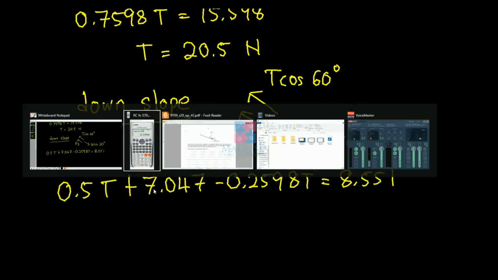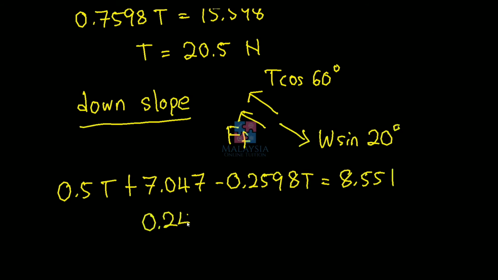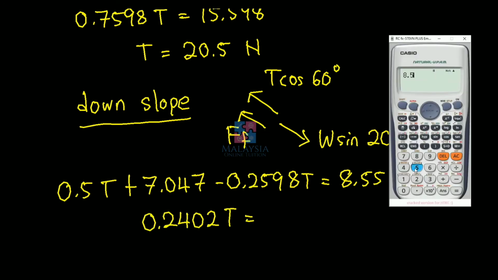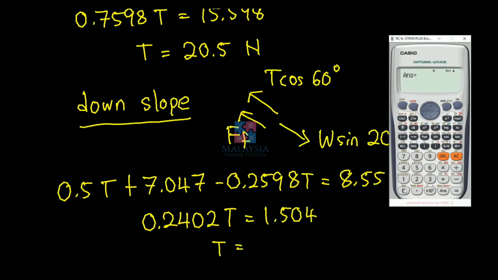Okay, so now 0.5 minus 0.2598, we will get 0.2402 t. And for our right hand side, 7.047 we shift to the right, minus 7.047, we will get 1.504. And finally, our value of t will be equal to, divide by 0.2402, we will get 6.26 Newton.